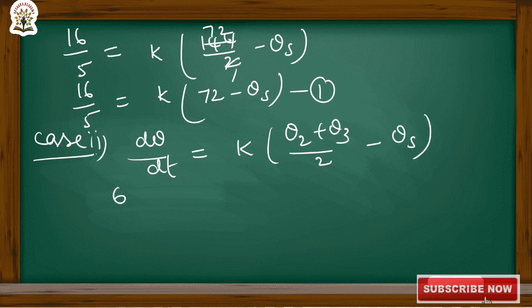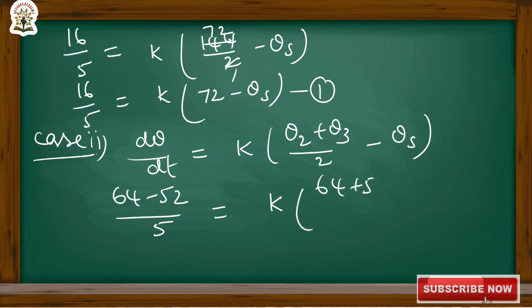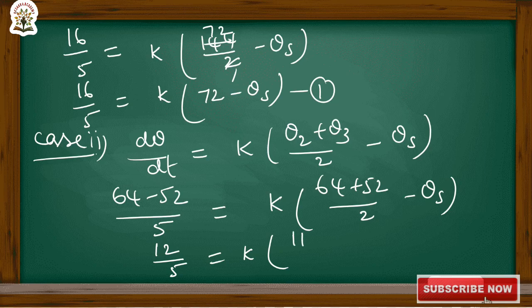So here (64 minus 52) by 5 minutes is equal to k of (64 plus 52) by 2 minus theta s. 64 minus 52 becomes 12. 12 by 5 is equal to k of (64 plus 52) 116 by 2 minus theta s.